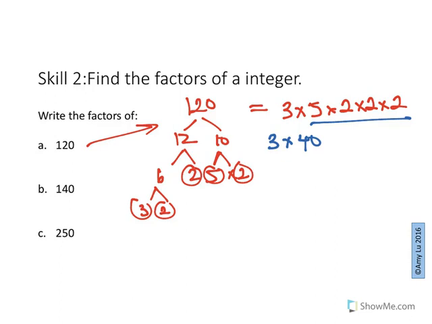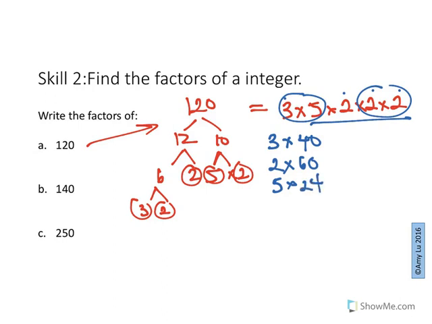I can also do 2 times 3 times 5 and 2 times 2, which means 2 times 60. I can also go 5 times whatever 3 times 2 times 2 times 2 is, which happens to be 24.